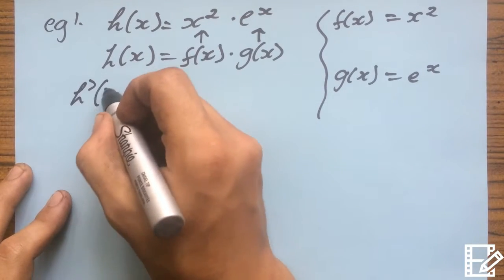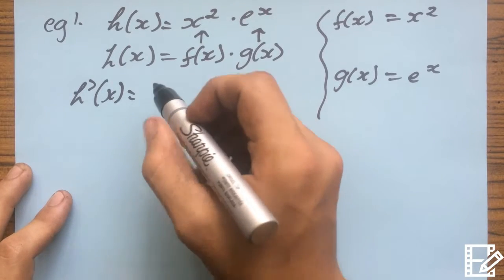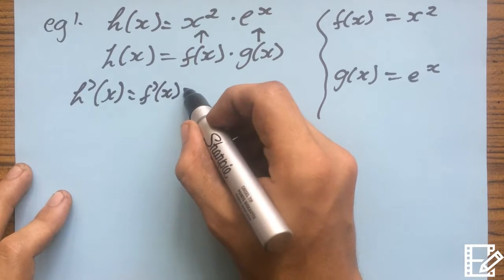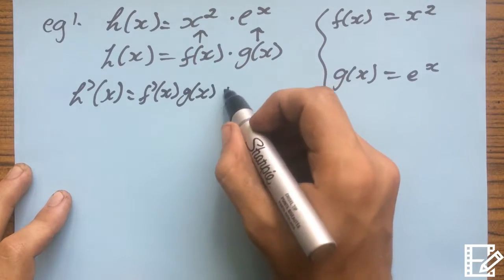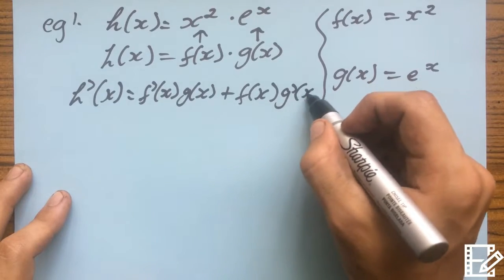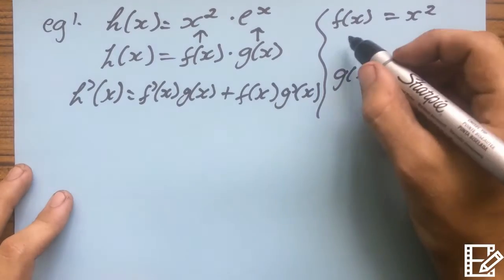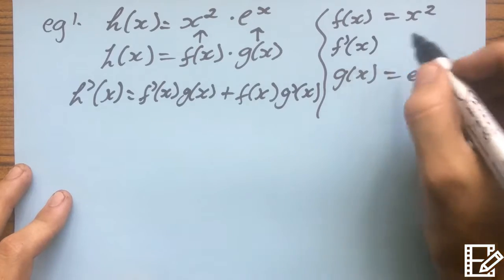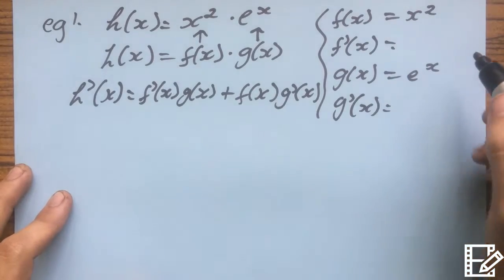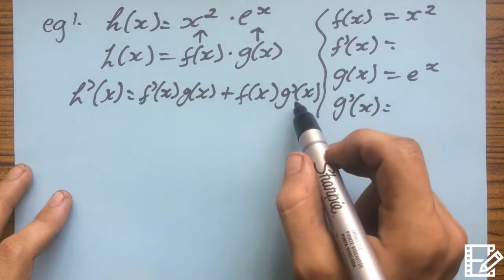The derivative of h(x), following the product rule, is the derivative of f(x) multiplied by g(x) plus f(x) multiplied by the derivative of g(x). Now, we need to find the derivative of f(x) and the derivative of g(x).